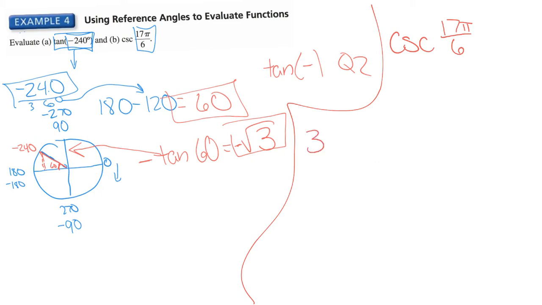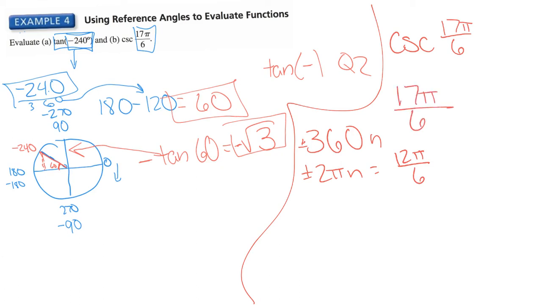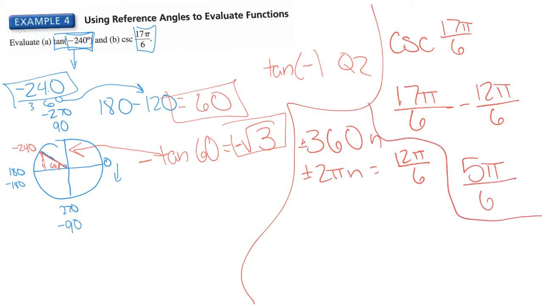Because remember, coterminal angles is adding or subtracting 360n, and then adding or subtracting 2 pi n if it's in radians. So I have 17 pi over 6. If I'm looking at things over 6, 2 pi is actually going to be 12 pi over 6. I'm going to subtract that to go backwards a whole rotation in my circle. That's going to give me 5 pi over 6, which is in my unit circle.